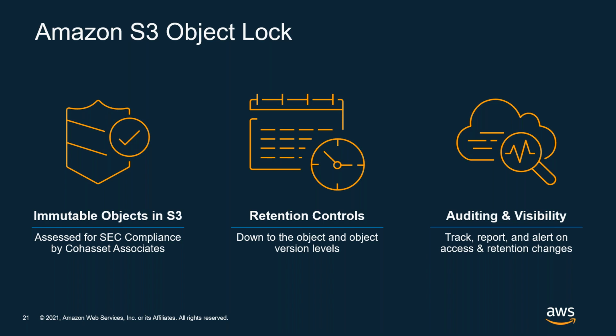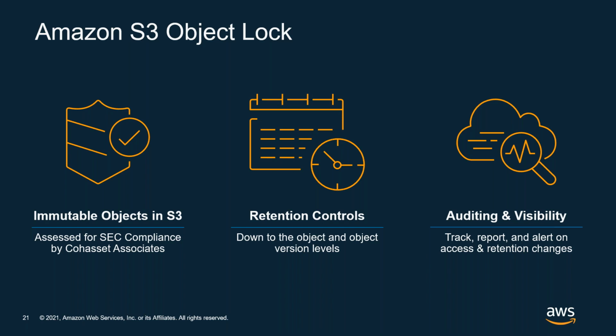But the nice part about Object Lock is once it's enabled and you set an Object Lock policy on the objects within that bucket, it's basically going to make them immutable. And we've got two different modes for Object Lock: a governance mode and compliance mode. This is being used quite extensively with customers now to store data in immutable format in S3.